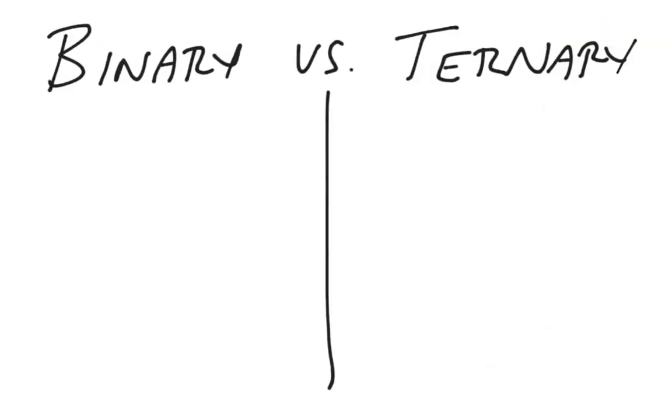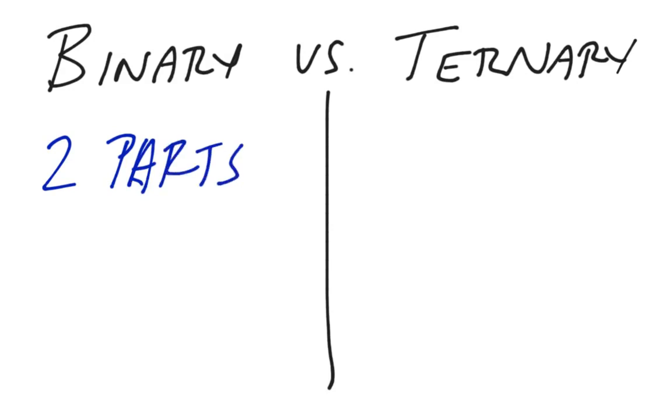Finally, the last thing that we're going to address, which will go quite a bit towards our naming, is binary compounds versus ternary compounds. A binary compound only has two different parts: you have your cation and you have your anion.